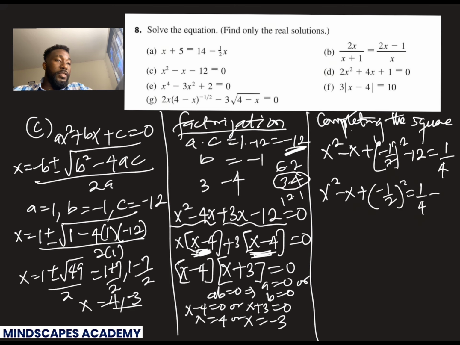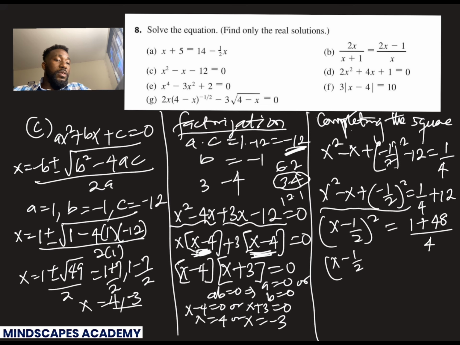You have x squared minus x plus 1 over 4 equals 12 plus 1 over 4. The left side makes a perfect square: x minus 1 over 2, all squared. Then 1 divided by 4 plus 12, that is 1 plus 48 over 4. So x minus 1 over 2, all squared, equals 49 divided by 4.